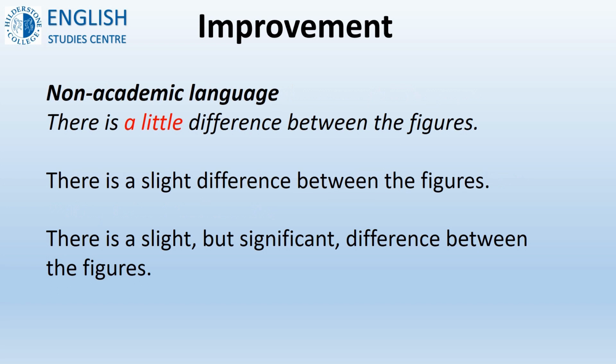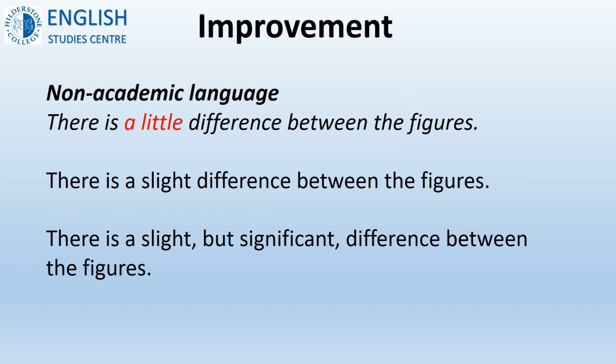And when you're saying "a little difference," there's a better way of saying it, which is using "slight." So it would be much better to write, there is a slight difference between the figures. And if you really want to show off your vocabulary, you could say, there is a slight but significant difference between the figures.